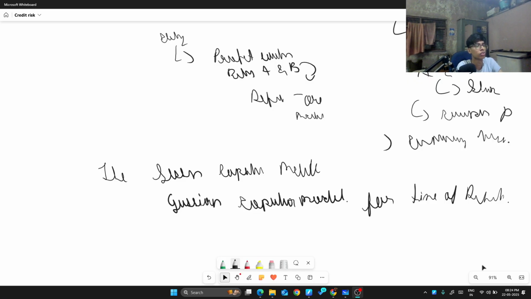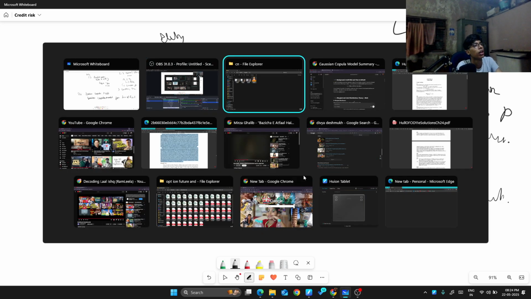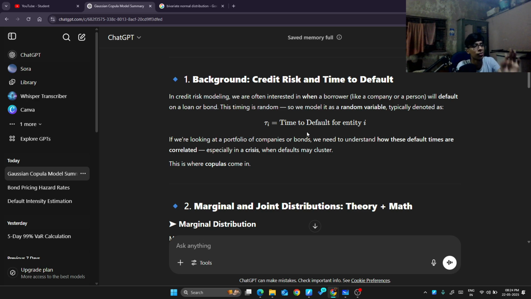Okay, let's go to the Gaussian copula model, and I have ChatGPT, so you have to understand some basics. The goal of credit risk modeling is to find the time to default of an entity, where tau is the time, and we have to find the default.